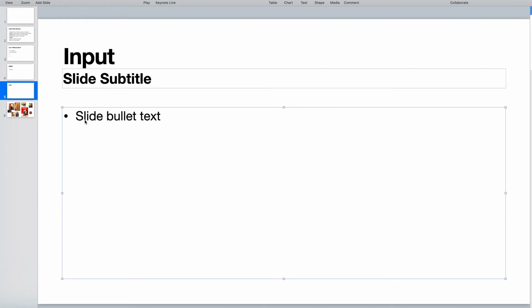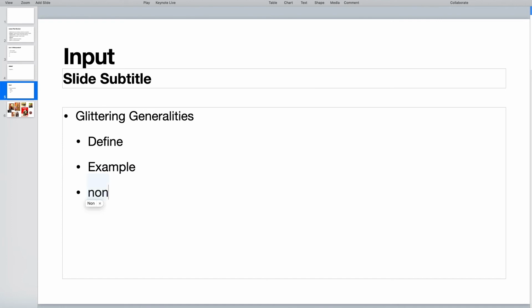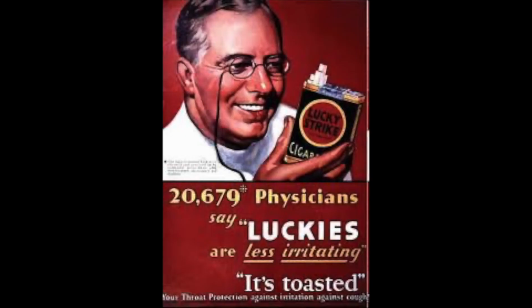There are several different propaganda techniques, and then give an example or give a definition. So define it, give an example, a non-example, it's not this, and then show a picture or something along those lines.